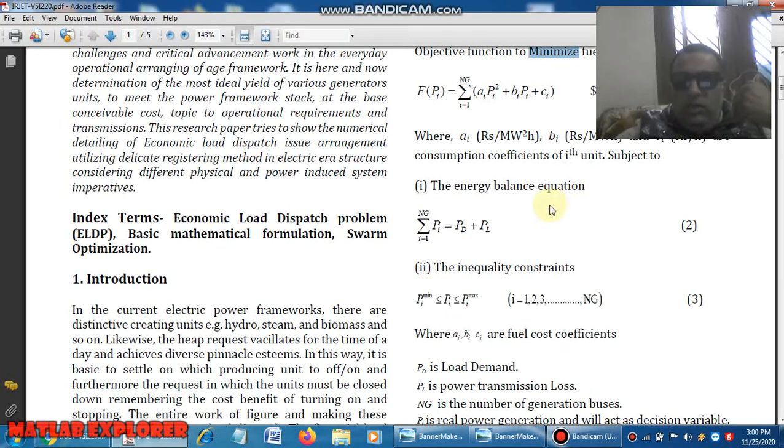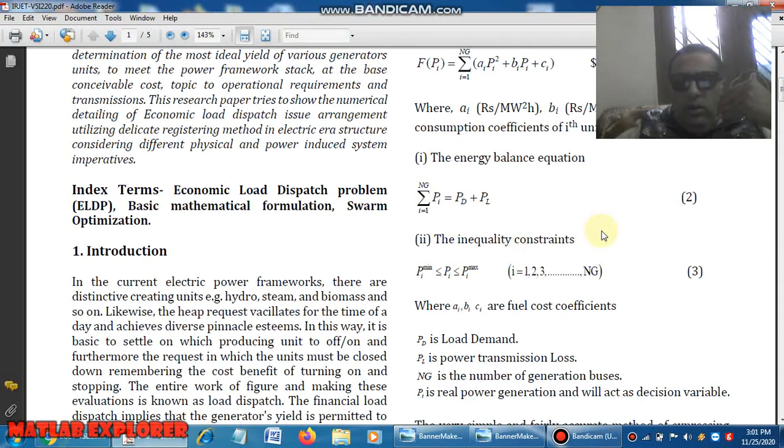These are the constraints. In any mathematical model, it can be either a constrained problem or an unconstrained problem. So this is the constrained problem. You have to satisfy these constraints, which show Pi is equal to Pd plus Pl, and here Pi is within the minimum and maximum range.